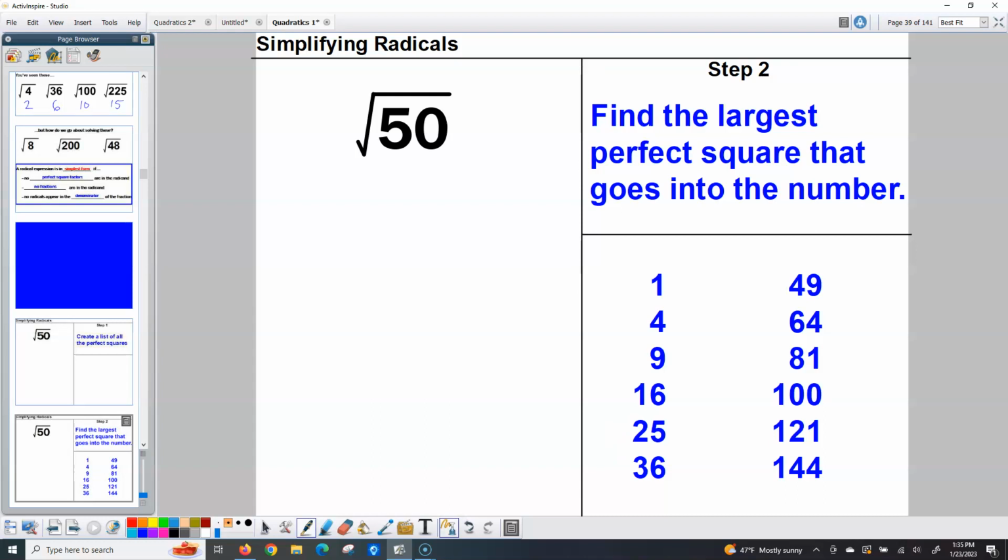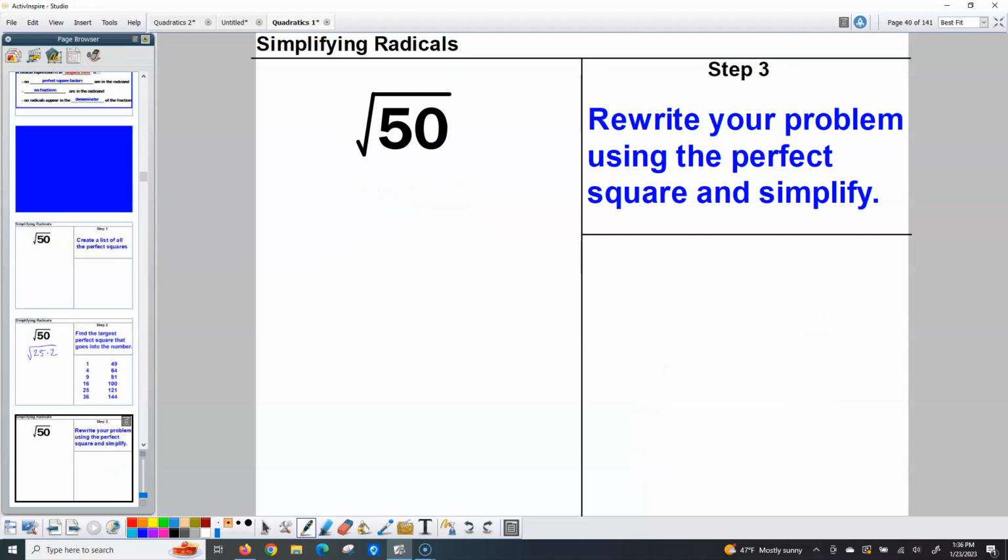We want to find the largest perfect square that goes into this 50 right here. The largest perfect square, if I didn't know, I'd have my calculator maybe and start dividing, figure out which one of those numbers would go into it. And it is 25. 25 times 2. I think that's going to lead us to our step 3.